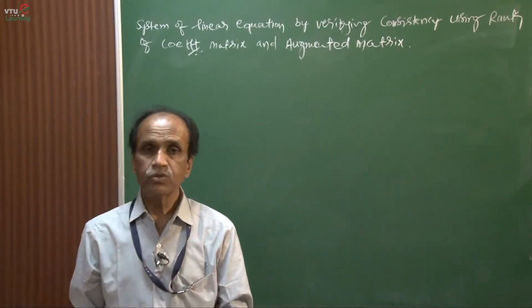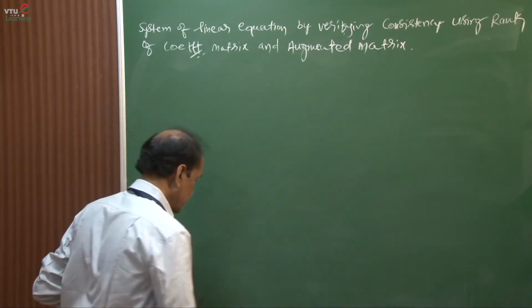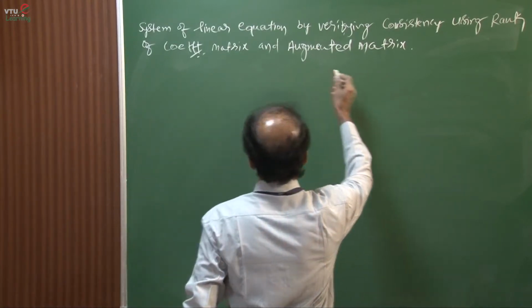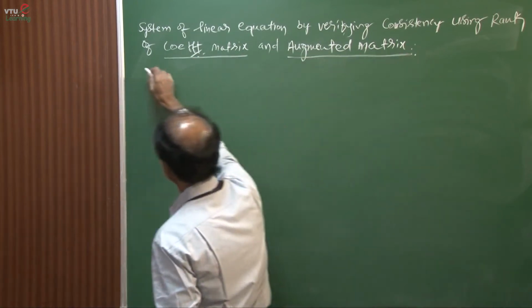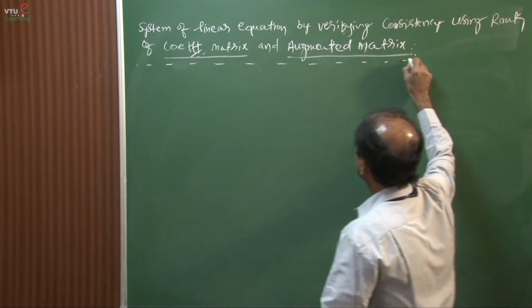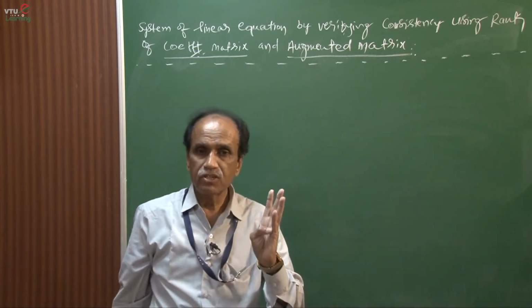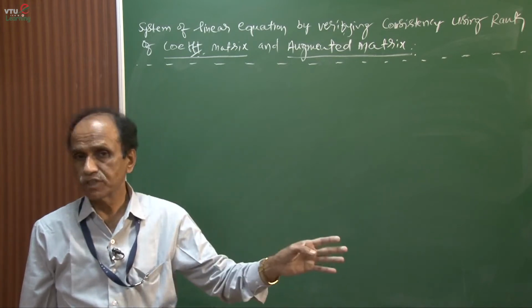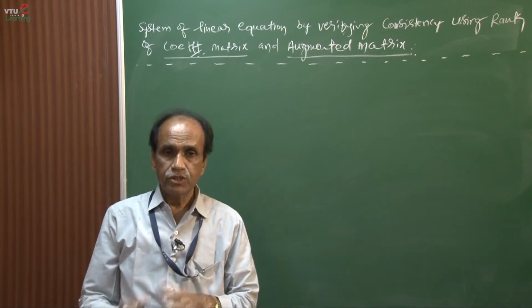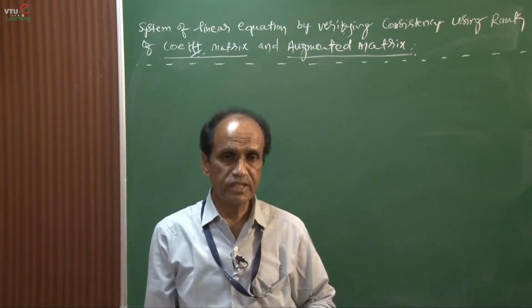Then we have to use the rank by comparison of the coefficient matrix and the augmented matrix. So what is the meaning of coefficient matrix and the augmented matrix? In the case of three unknowns and three equations, or four unknowns and four equations, you need to calculate the rank of coefficient matrix and the rank of augmented matrix.